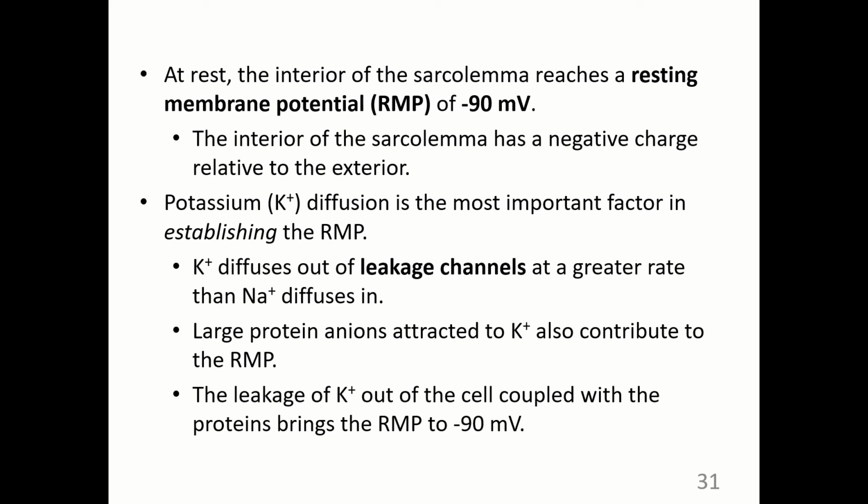Potassium ions diffuse out of leakage channels at a greater rate than sodium ions diffuse in. Large protein anions attracted to the potassium ions also contribute to the resting membrane potential. The leakage of potassium ions out of the cell, coupled with proteins, brings the resting membrane potential to a negative 90 millivolts.